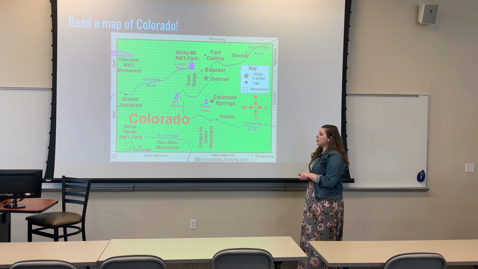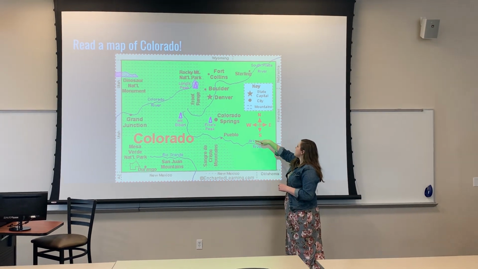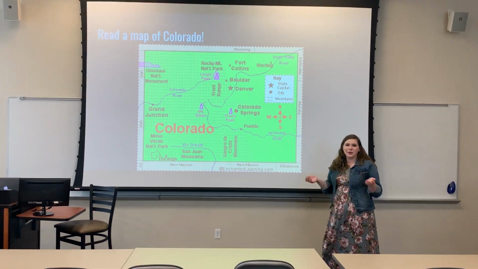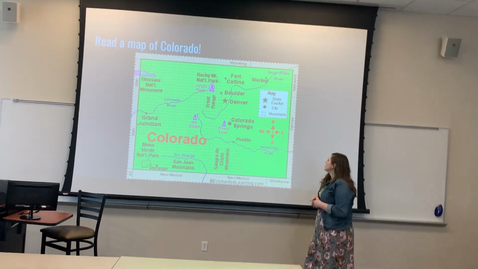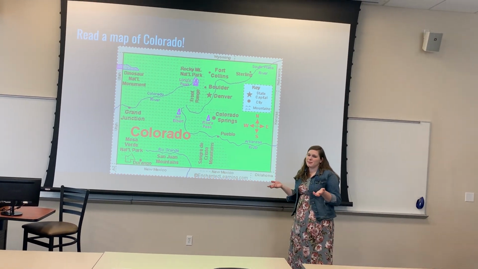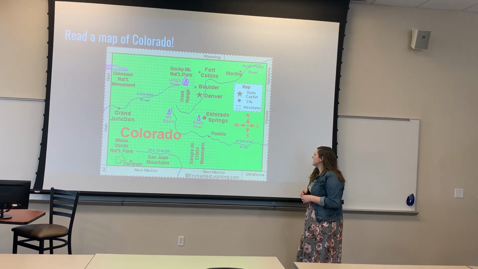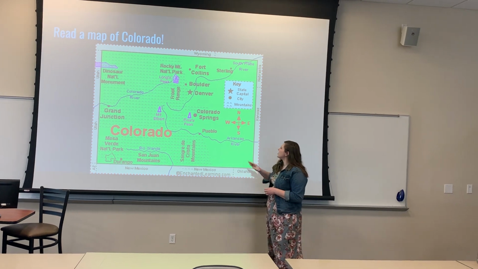Okay, another important thing when looking at maps is this little compass right here. This compass tells you which direction things are located. So we have north, east, south, and west. I like to remember it as never eat soggy waffles. Kind of a fun thing to think about. But again, it just shows you the direction.